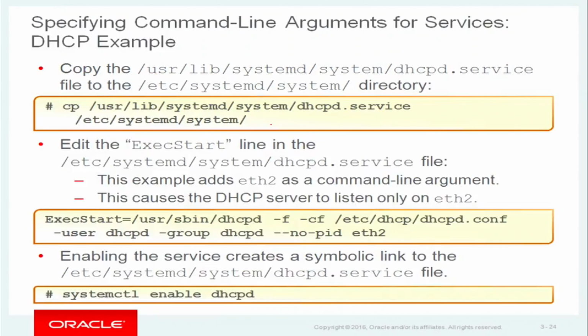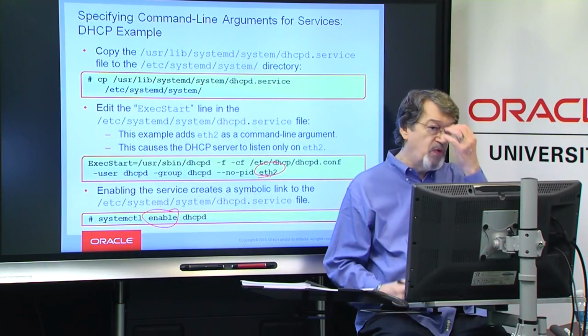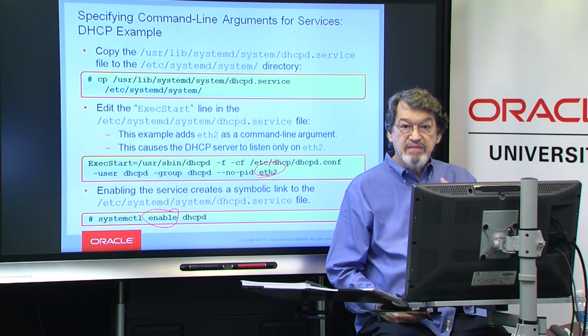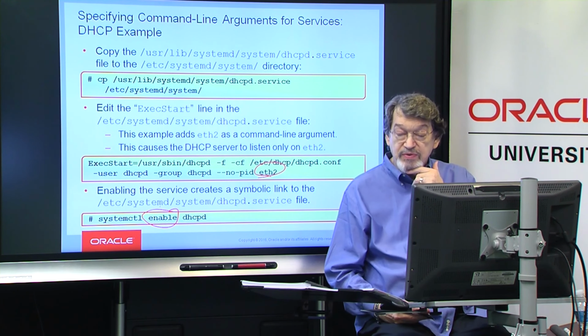You can go in that etc systemd services directory, edit the file, make a change, and then you can go back in and re-enable, which creates the appropriate link files to be able to have it start on reboot.